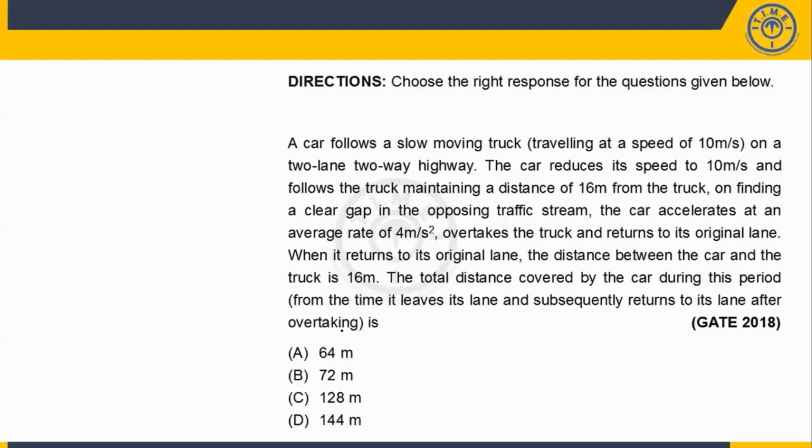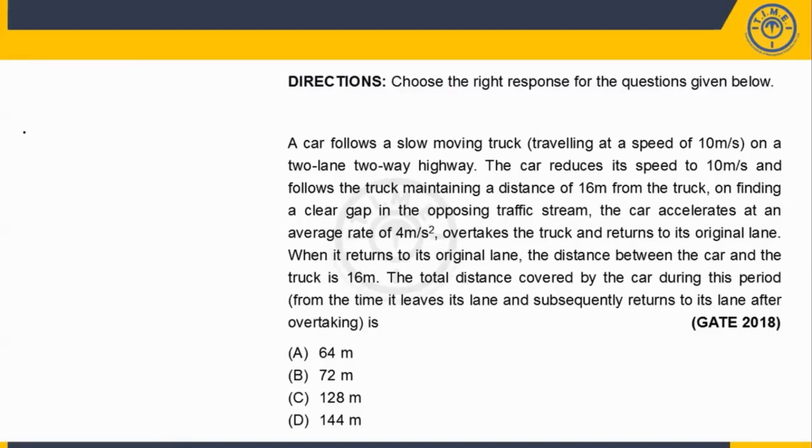On finding a clear gap in the opposing traffic stream, the car accelerates at an average rate of 4 meter per second square, overtakes the truck and returns to its original lane. When it returns, the distance between car and truck is 16 meter. The total distance covered by the car during this period, from the time it leaves the lane until it returns after overtaking, is dash meter.